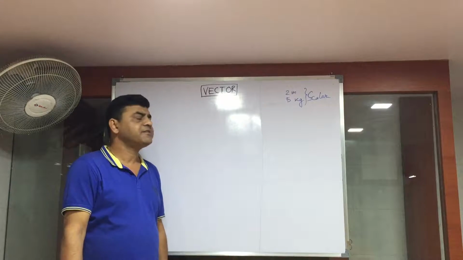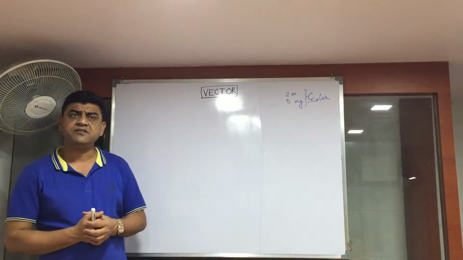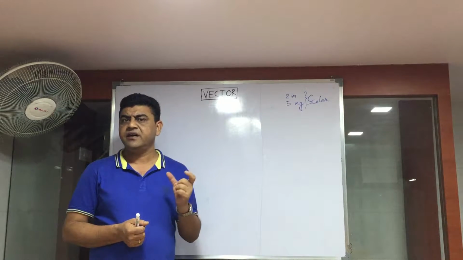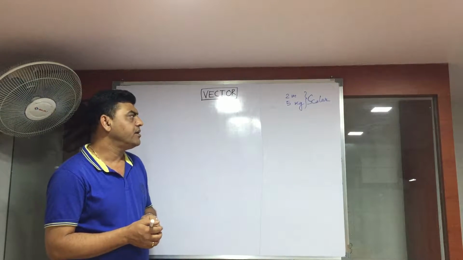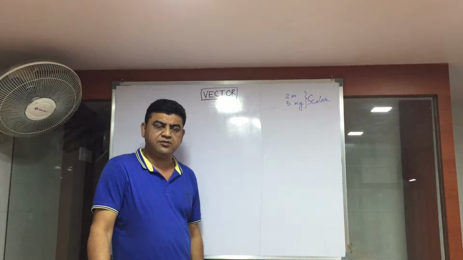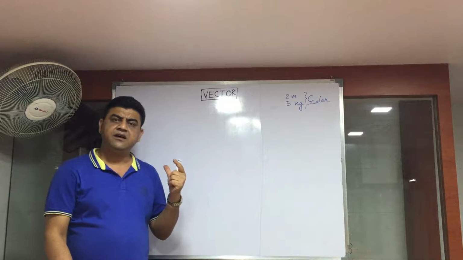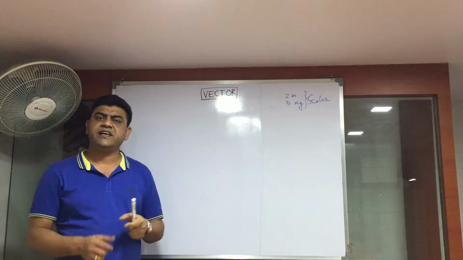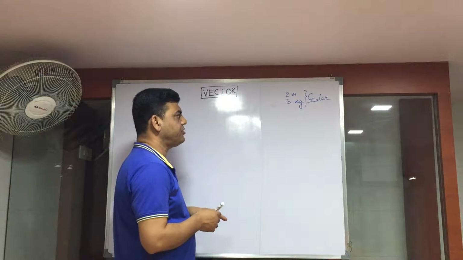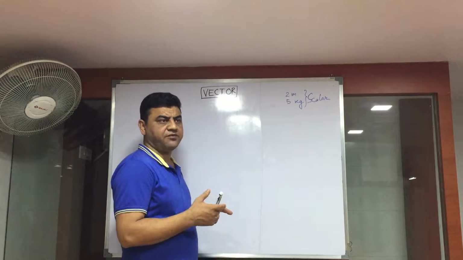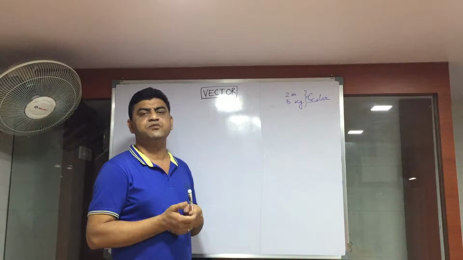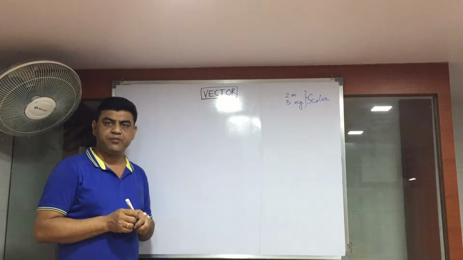These are quantities which not only associate a number, they also require to be defined by a direction. So the quantities which require a magnitude as well as a direction are called vector quantities. So if we talk of a force of 2 Newton, that means the force along with its direction should be specified to define it properly.